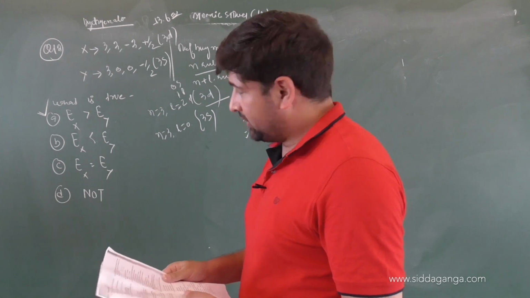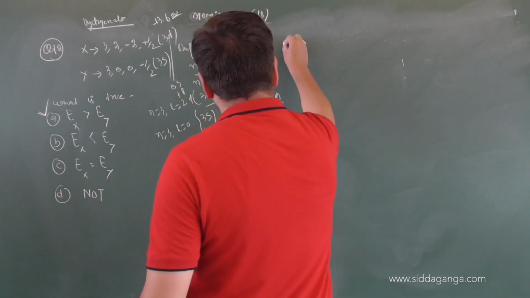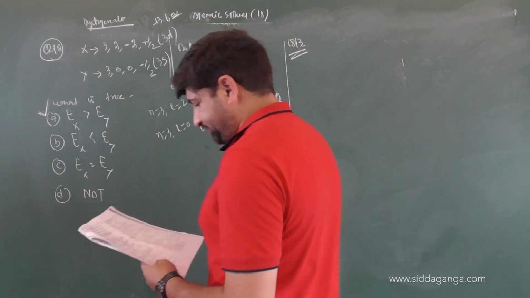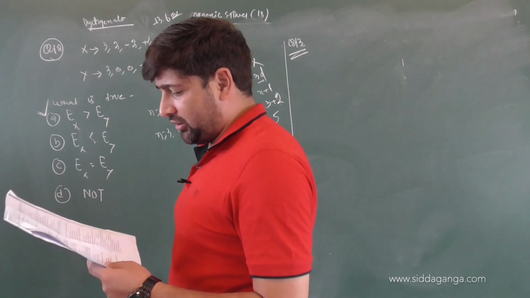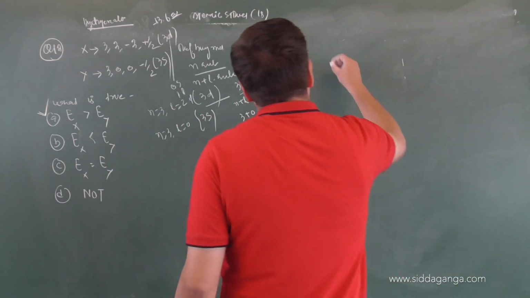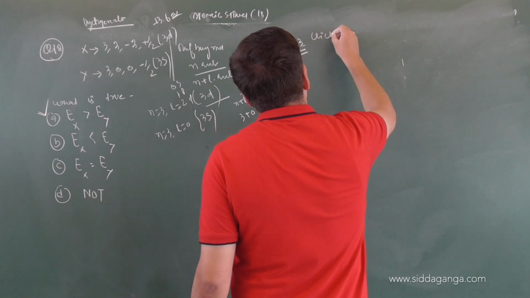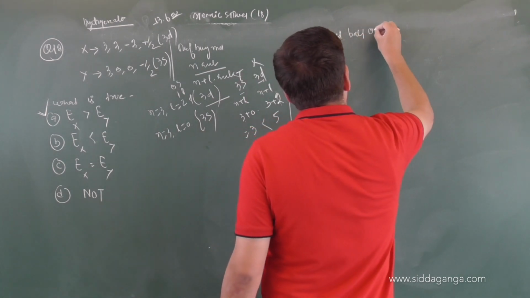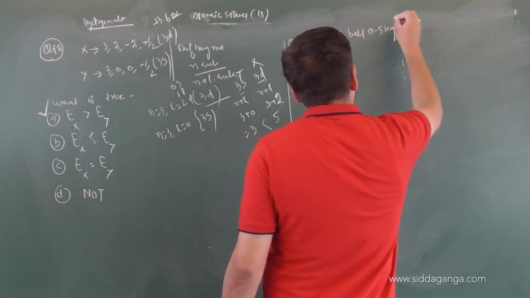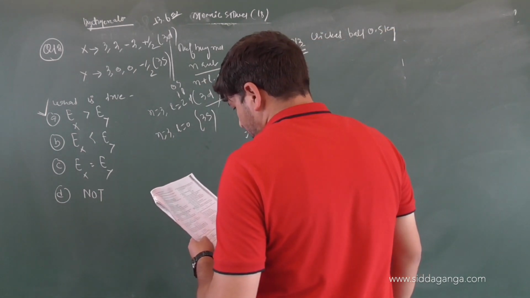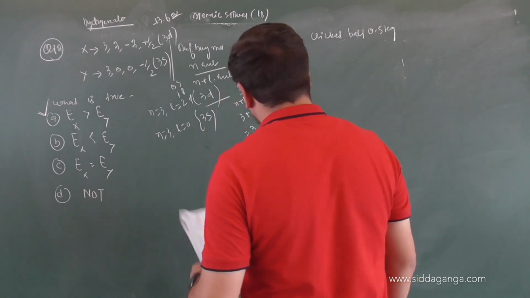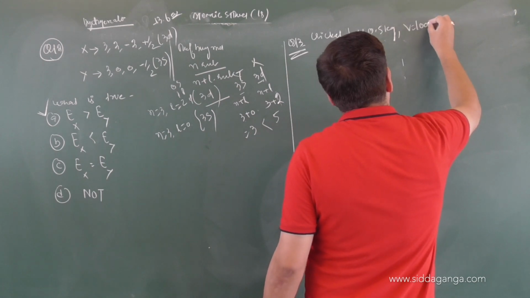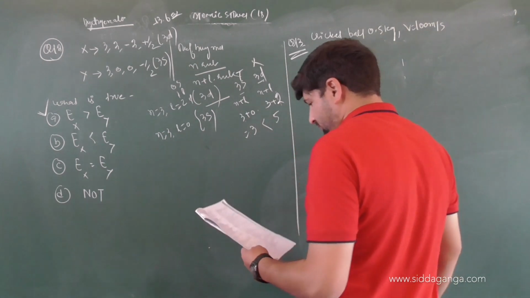Right. Now question number 13. Question is, a cricket ball of 0.5 kg moving with a velocity of 100 meters per second.